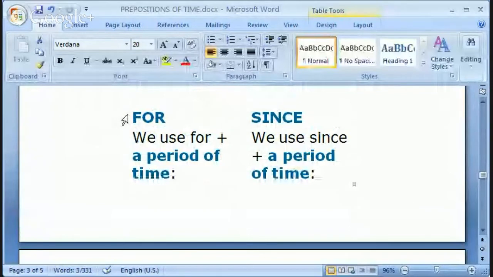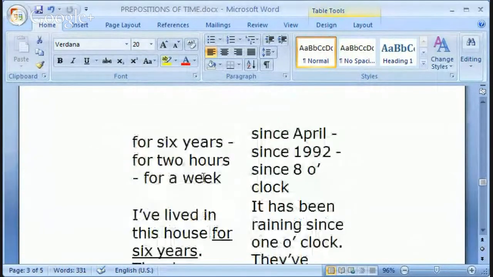Moving on to for. We use for plus a period of time. For six years, for two hours, for a week, it doesn't matter. For a billion years, for two nanoseconds, it doesn't matter what the length of time is.